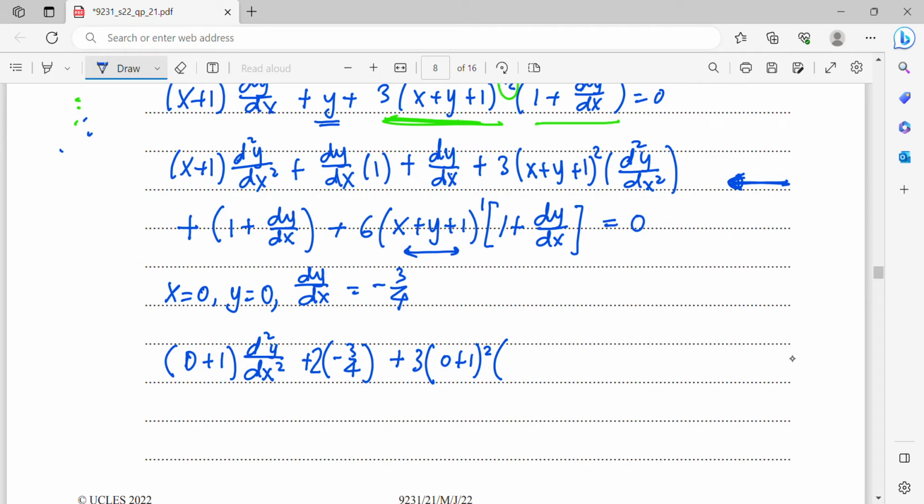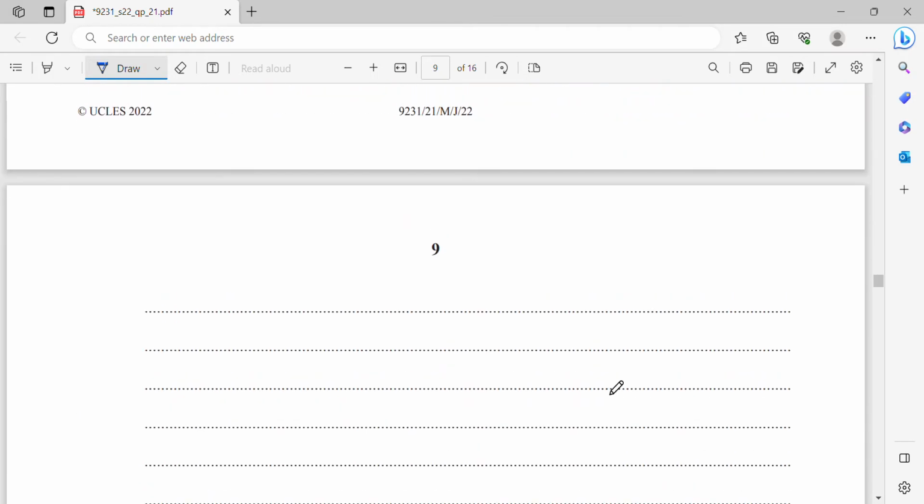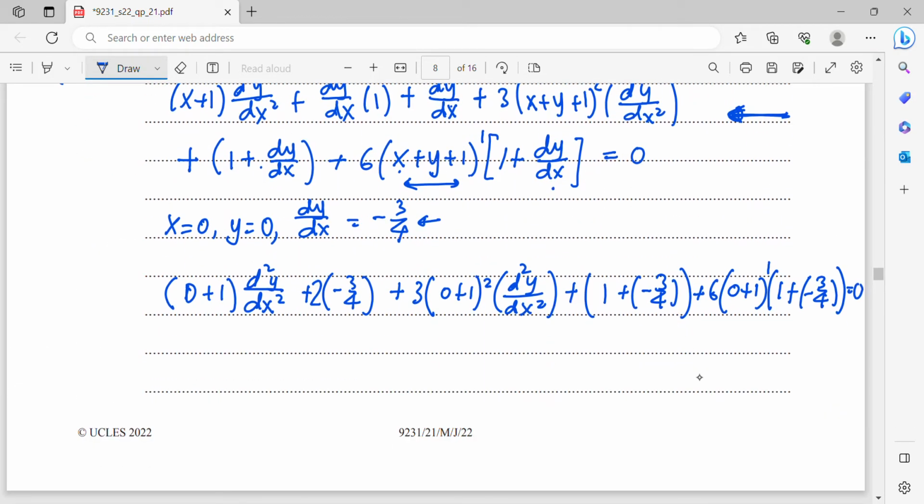D squared y. Rewrite. Then plus 1 plus dy dx, 1 plus negative 3 over 4, then plus 6, 0, 0, 1. So it's 0 plus 1, degree 1. Then 1 plus dy dx is negative 3 over 4. So negative 3 over 4 equals to 0. So now further simplify. The first term is d squared y, so I will get d squared y over dx squared.